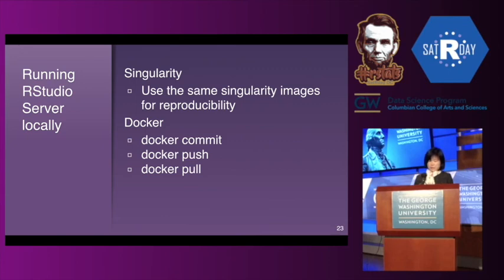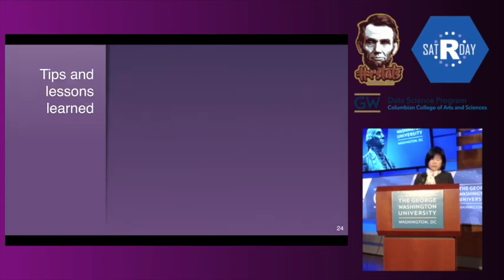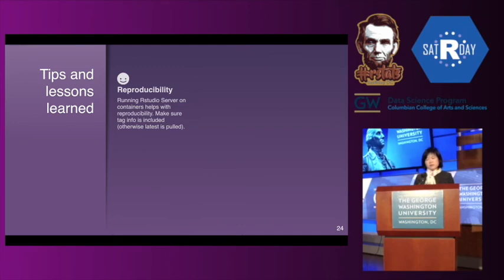So I want to end this with a few tips and lessons that we learned throughout this process. For reproducibility, containers do give you some reproducibility, but be aware that the image, the definition file from Singularity or the Dockerfile does not give you reproducibility because you might be pulling the latest version of a software that may not be the same as what you have been using.